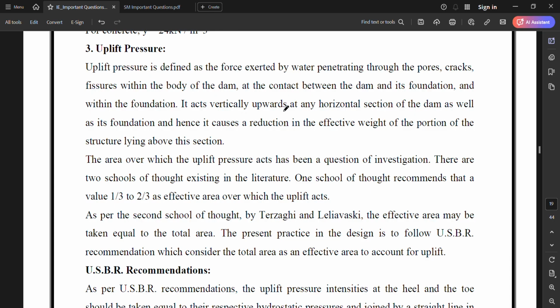The present practice in design is to follow the USBR, the American Bureau of Reclamation, which considers the total area as the effective area. So if there is a total area A and we consider U as the uplift pressure, the total area is equal to the effective area of the uplift pressure.